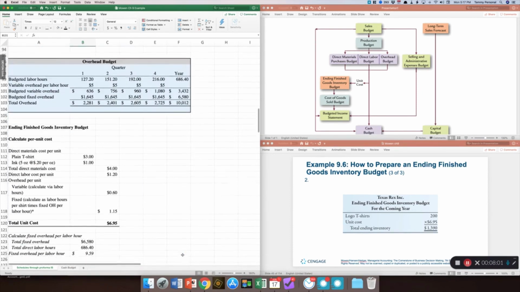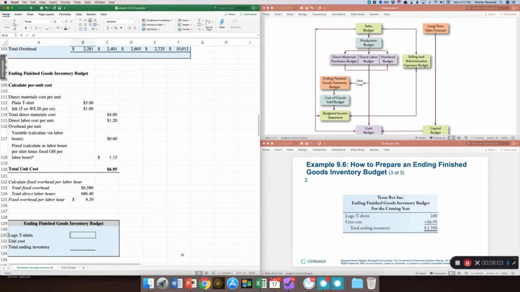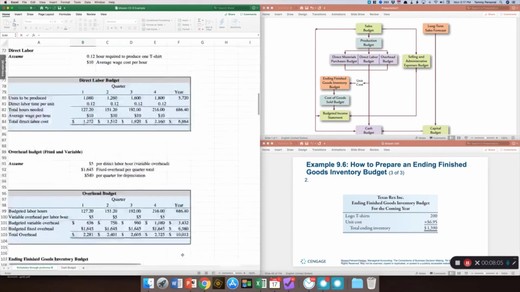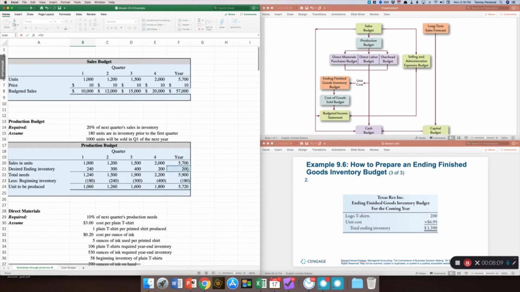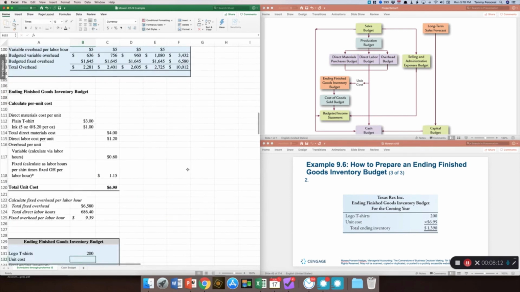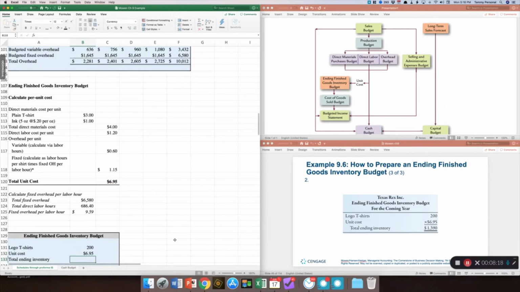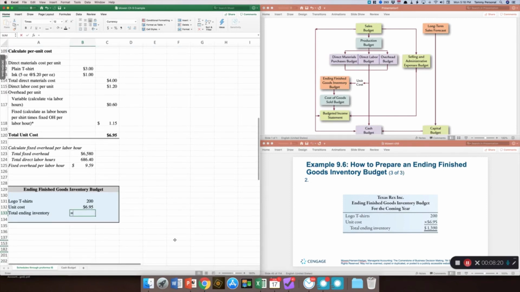So again, we always use cell references here, so I'm going to pick that up from above. Our 200 units in ending inventory. Our unit cost we're going to pick up from this calculation here. So that means that our total ending inventory value is going to be 200 times $6.95, or $1,390.